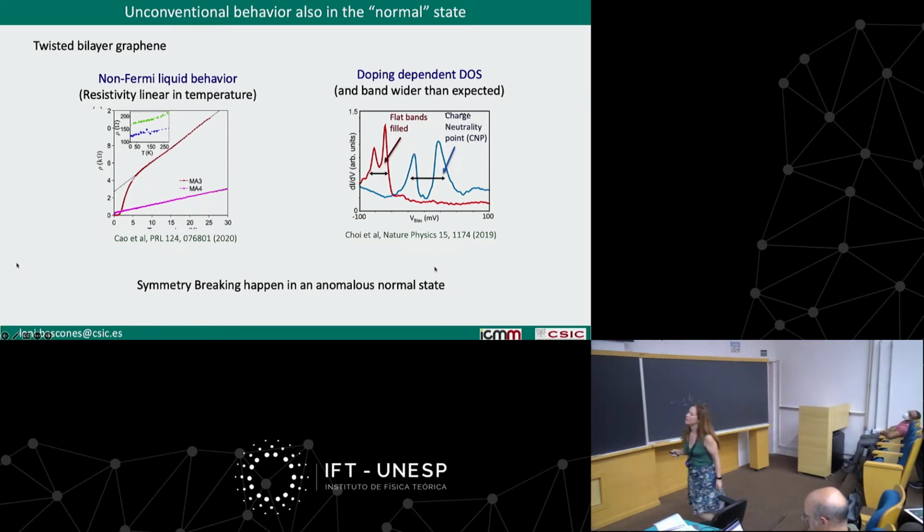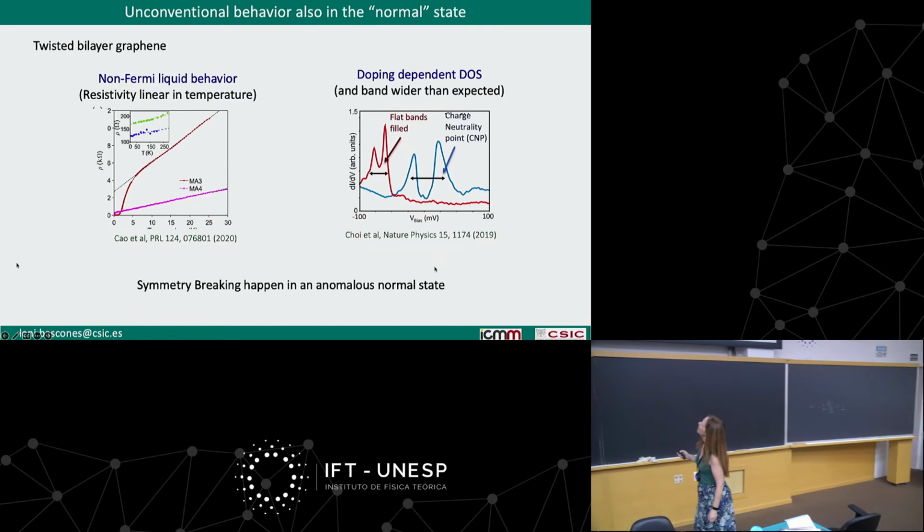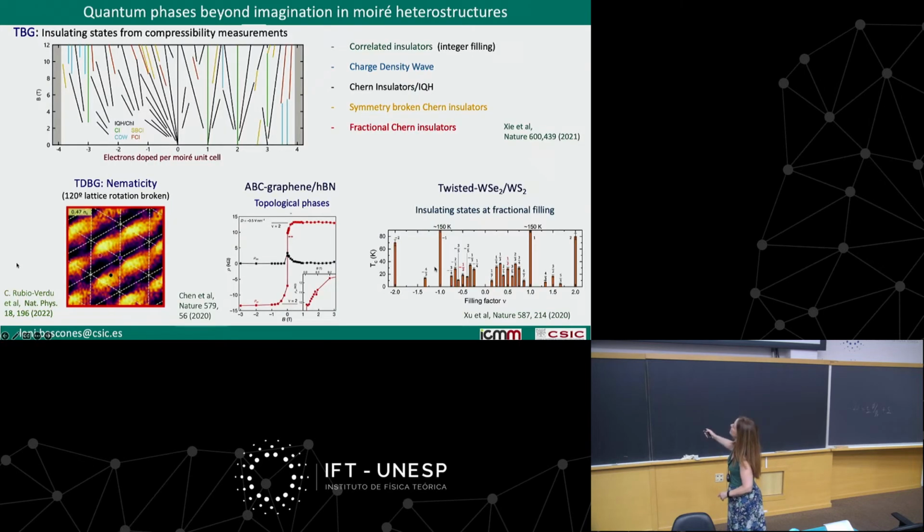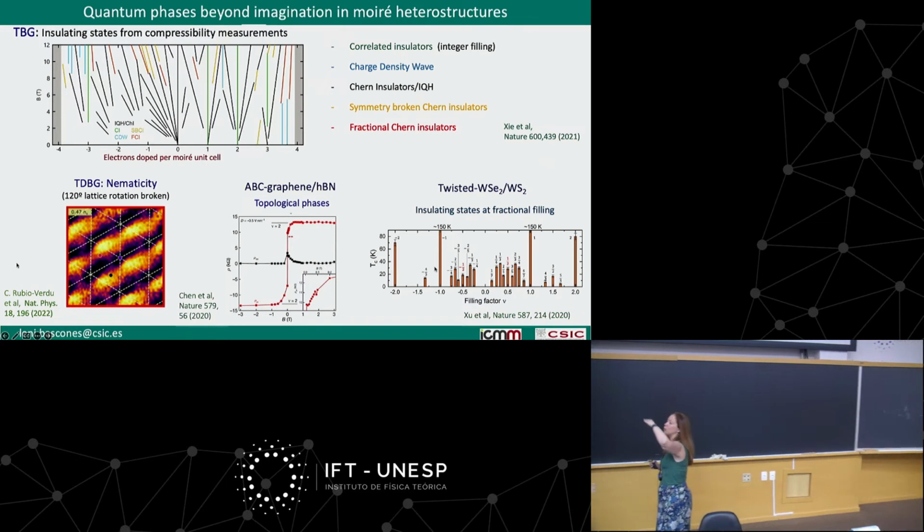So what's the symmetry that is being broken? Well, I mean, for example, these symmetry breaking states that I mentioned here, normally they are at low temperatures.